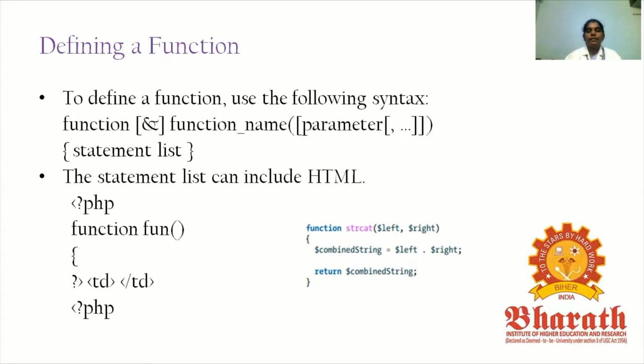See the string concatenation function. We have two arguments in this string concatenation: $left, $right. The combined string is equal to $left . $right. Both variables are combined and returned, and then the statement is closed.